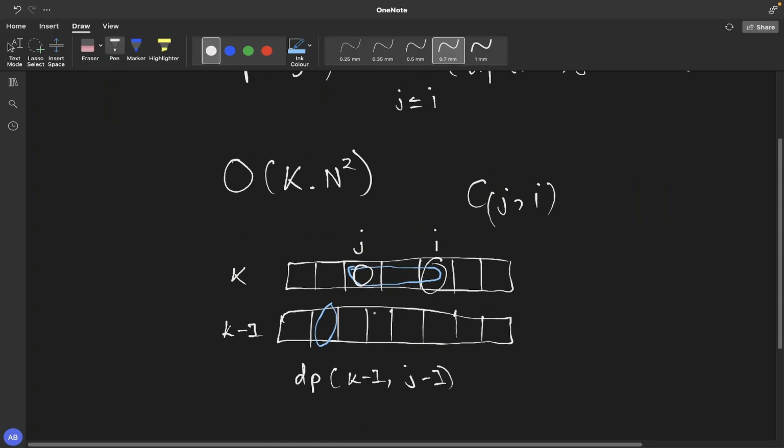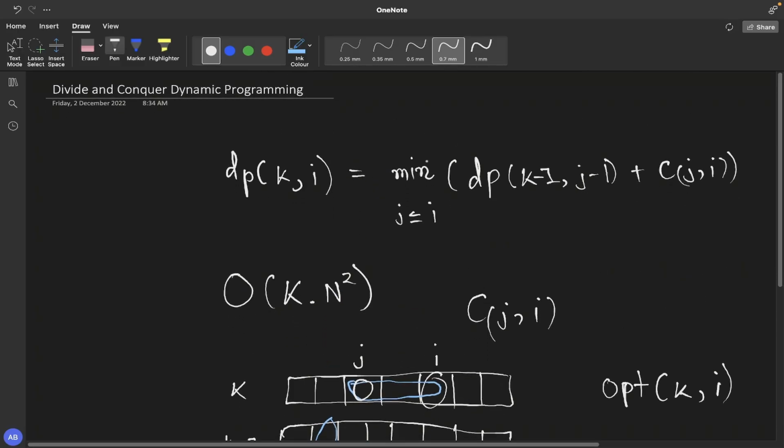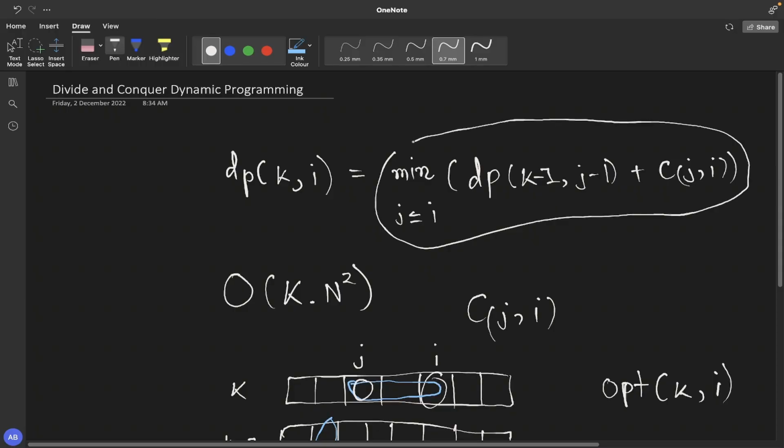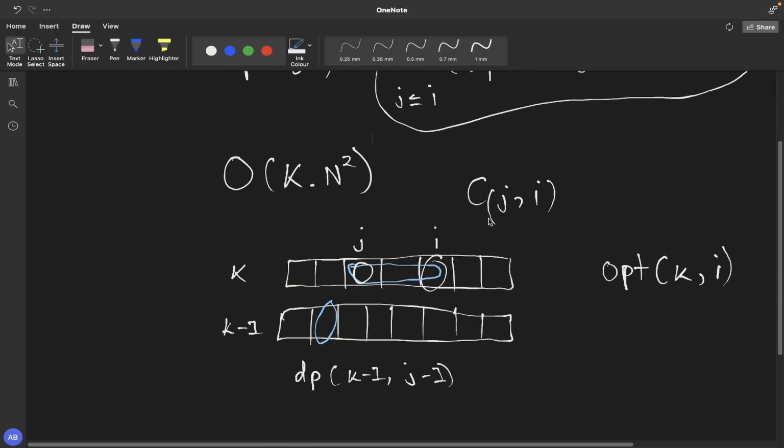and what I want to define through this is a quantity opt k i. So opt of k i is basically the optimal splitting point. It's this optimal value of j that minimizes this particular expression. And it's not just the optimal value of j, it's the leftmost value of j that minimizes that expression.